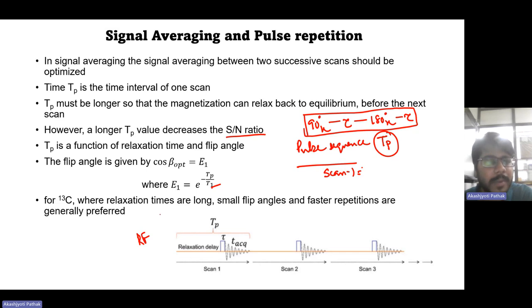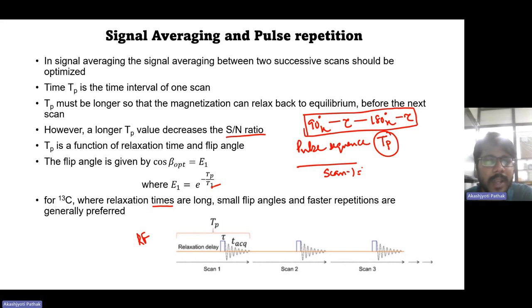Now one thing that you should consider here: for carbon 13, for spins which have very long relaxation times, where the T1 value is very high, usually small flip angles are favored and faster repetitions are generally favored.